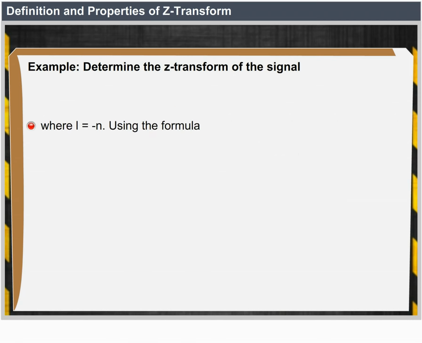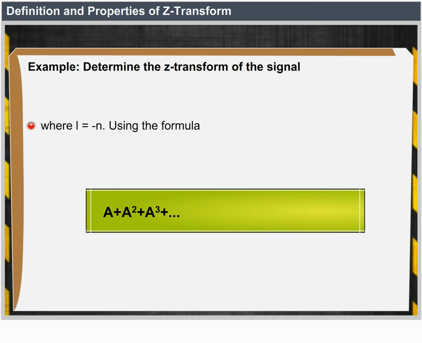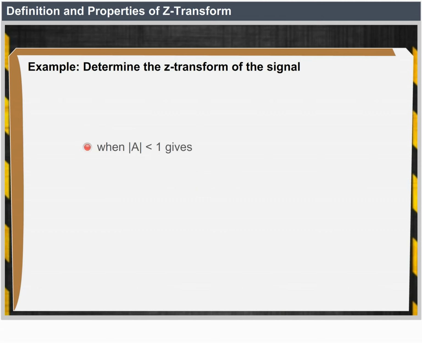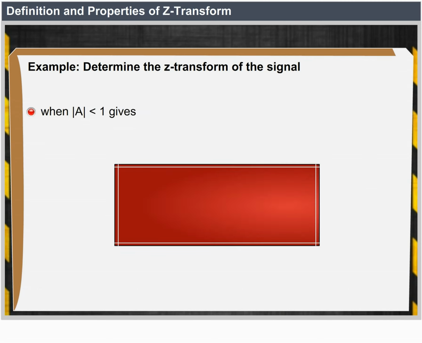Using the formula a plus a square plus a cube plus etc., after taking a as common, we get a into 1 plus a plus a square plus etc., equal to a divided by 1 minus a when modulus of a is less than 1.